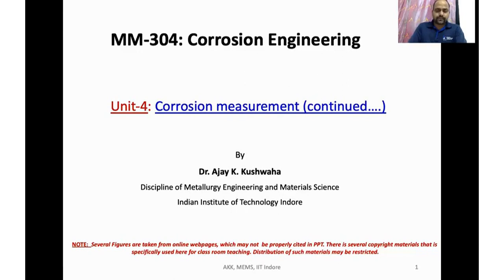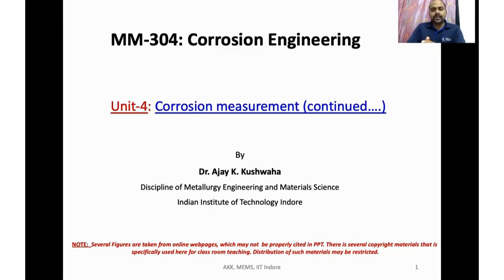So in today's talk about corrosion measurement, till date we have talked about 3 basic topics. The one was how we can measure the weight loss, and based on the weight loss, how we can calculate the corrosion rate, right?